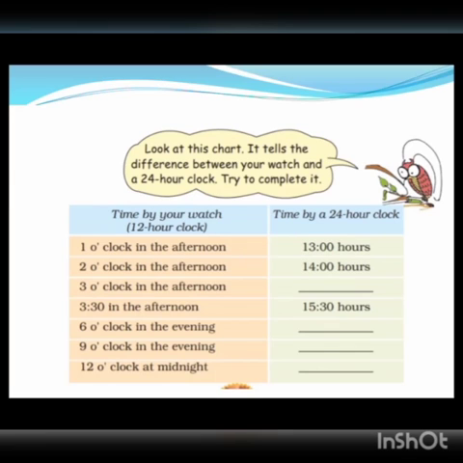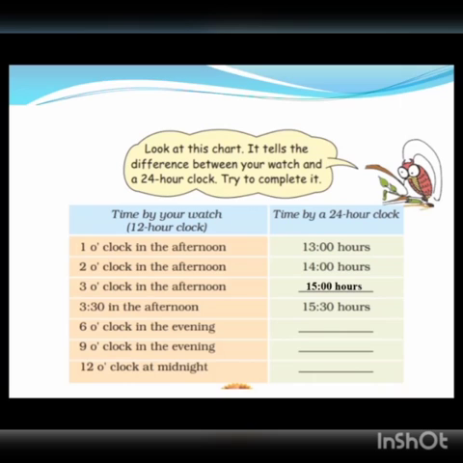Similarly, 2 o'clock in the afternoon means 14 hours. 3 o'clock in the afternoon means, yes, very good, 15 hours. 3:30 in the afternoon, that means 15:30 hours.